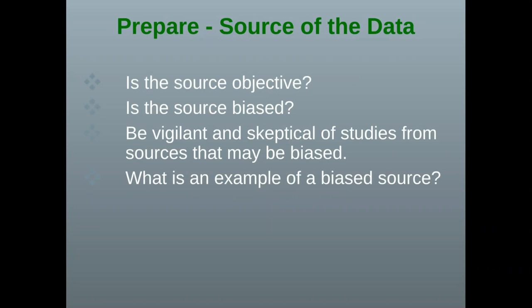So for example, that tobacco industry study that I was mentioning a second ago, that may not be a very objective study, right? They may be looking for people to show that tobacco is not harmful or whatever their view and their goal is. Okay, so we need to make sure we're watching out for biased sources. We've already talked about a couple examples. See if you can think of another example yourself.